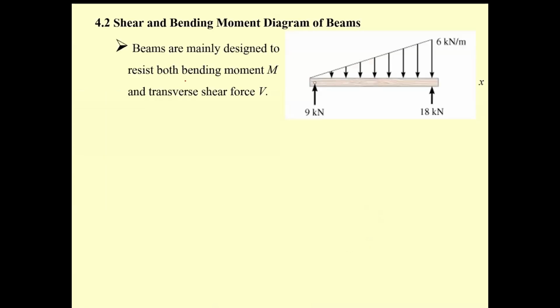Let me move to the shear and bending moment diagram. Let's call it in short SFD for shear force diagram, and BMD for bending moment diagram. We follow the procedure as before. This one is a triangular load. You need the reactions first.